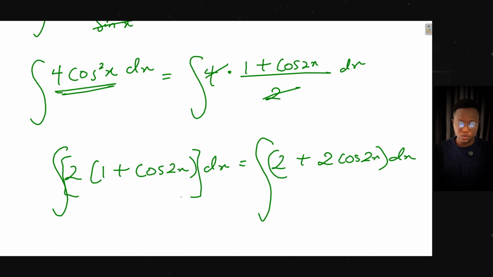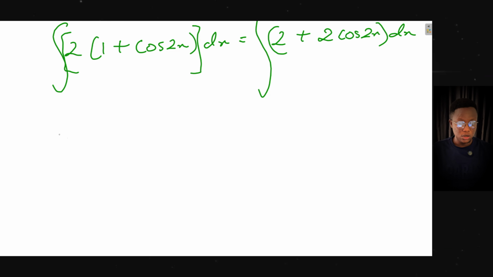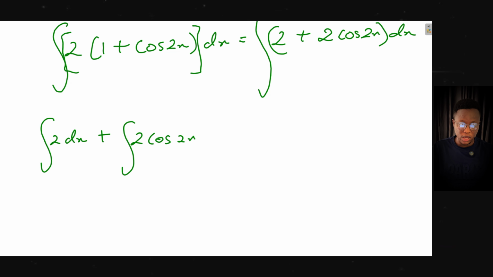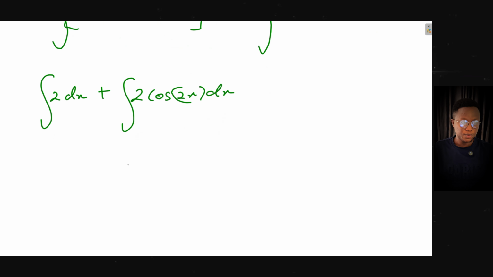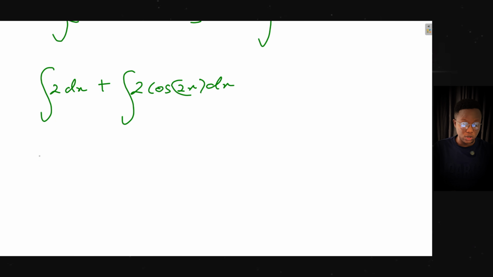And then we can separate that into the integral of 2 dx plus the integral of 2 cos 2x dx. The integral of 2 dx will give us 2x, and the integral of 2 cos 2x is going to give us sine 2x, just basic integration, plus c, since we do not have any boundaries.